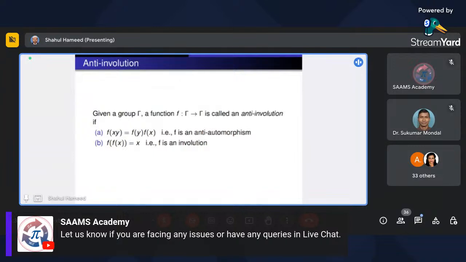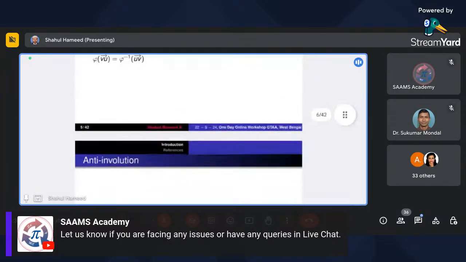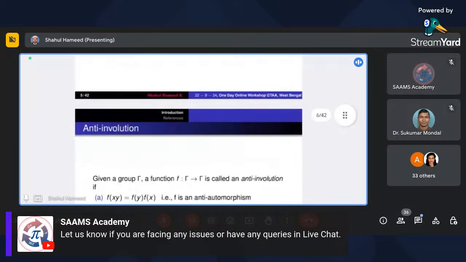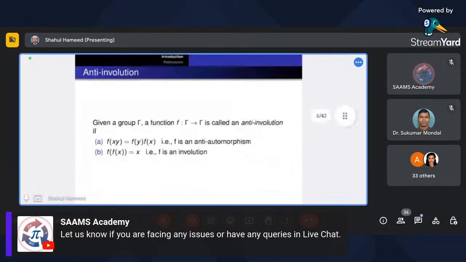Usually you might have seen in algebra, (xy) inverse is y inverse, x inverse, such kind of thing. So that is the inverse in the case of gain graph. We can see that skew gain graph is something which generalizes this idea of gain graphs. So such a function is required, f from the group to the group itself.